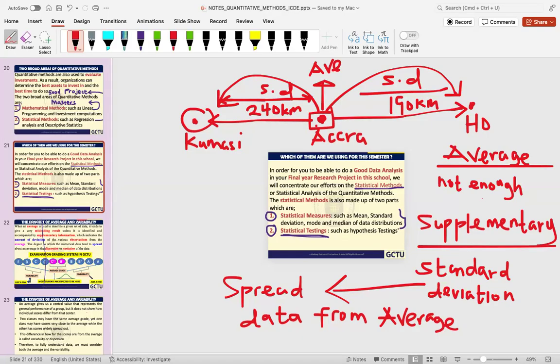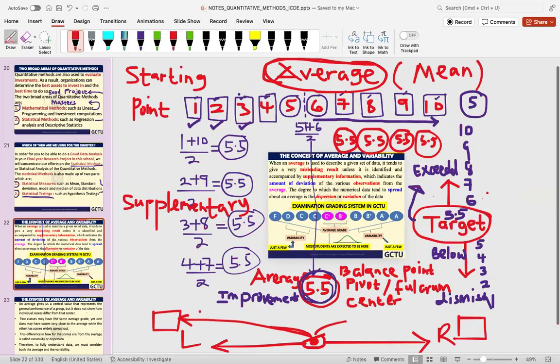Standard deviation means that you are deviating away from the average. So if you look at the first example, when they set a target for you, when you deviate in the positive direction, it means you have exceeded your target. But when you deviate from the average towards the negative direction, it means you have performed below the average.